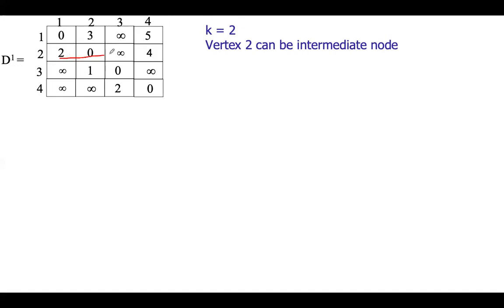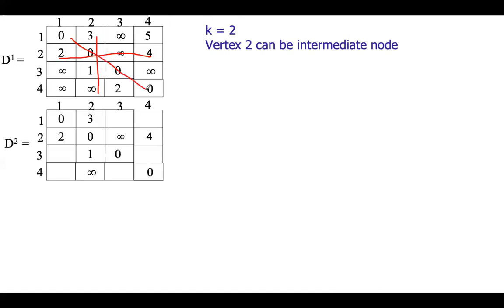That means that second row and second column values will not be checked. A direct connection will be there, so these values and the diagonal values will remain the same. Is it clear? In the D2 matrix, these things will remain the same.